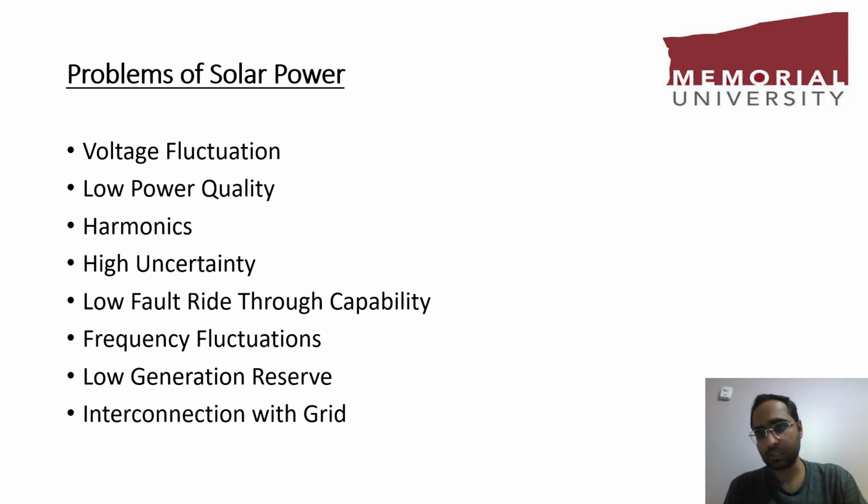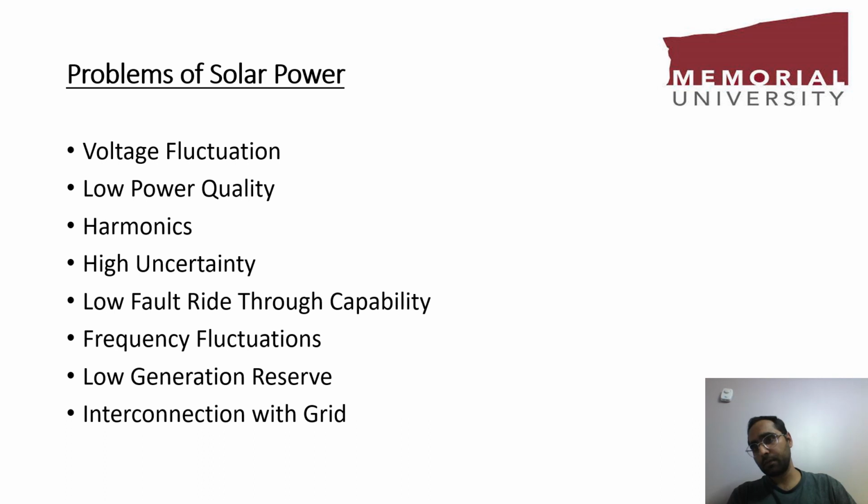because voltage fluctuation causes damage to the load side equipment. The power originally produced by solar power plants is DC, and we need to install and engage many power electronic converters which convert it to AC power.